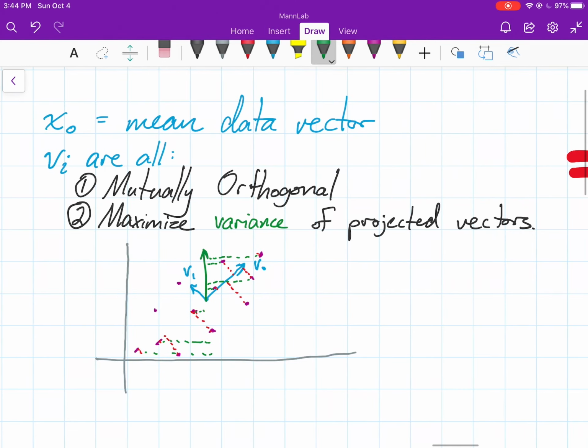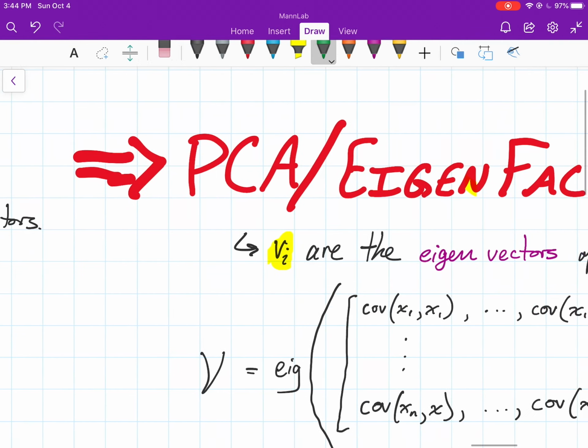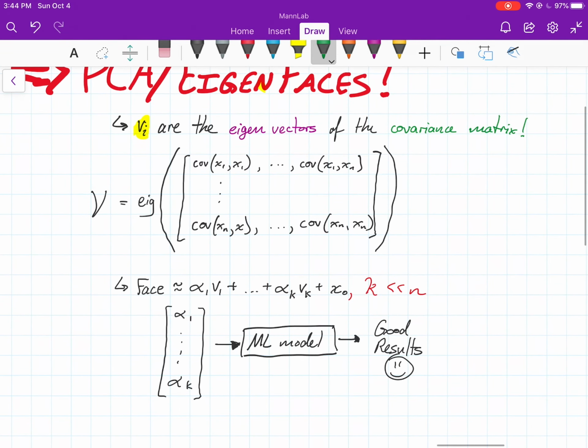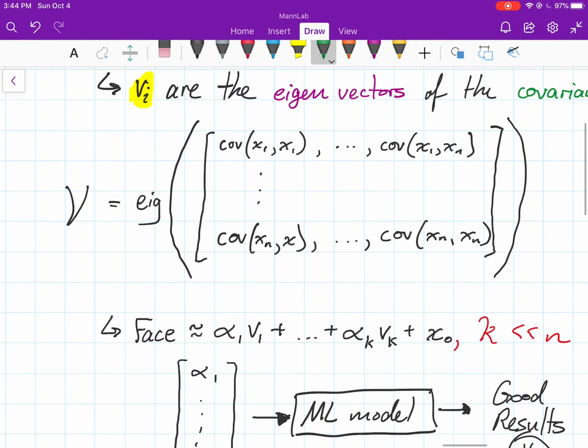I won't be going into the full derivation of this, but the way that you can get those in a very quick way that doesn't require iterative optimization of the variance of the projected points is to take the eigenvectors of the covariance matrix. This matrix is formed by taking the covariance of each of these indices in these vectors.